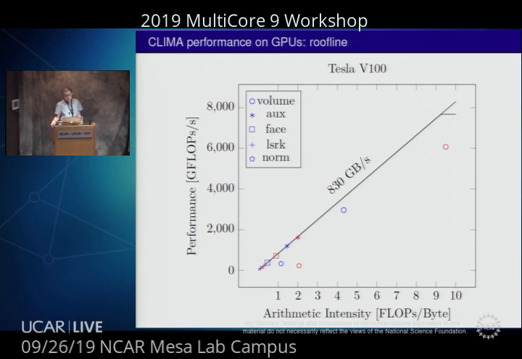So red is 32-bit and blue is 64. And we basically see that everywhere we are bandwidth bound. There is this peak flops for double precision here, and a lot of our kernels sit very happy on the roofline, but they are performing quite poorly because they have low arithmetic intensity.